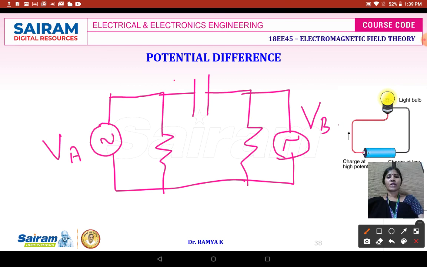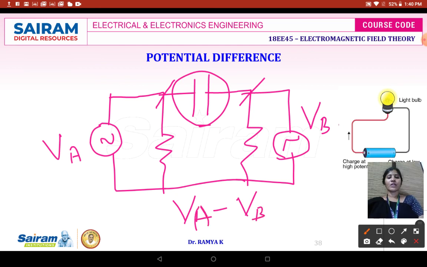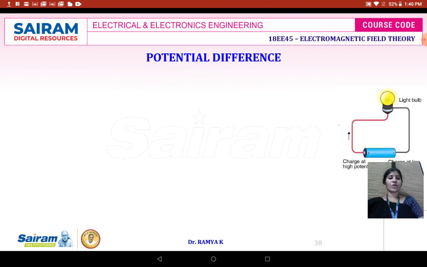If I ask you to identify the difference in potential across this capacitor, it is going to be VA minus VB or VB minus VA, depending upon the higher or lower end potential. Always the current will flow from higher potential to lower potential.